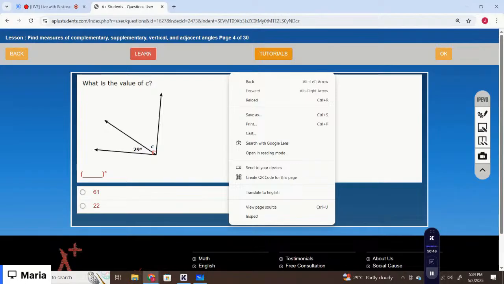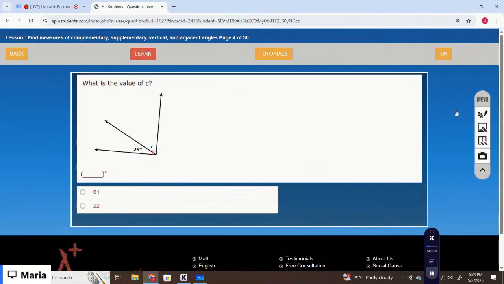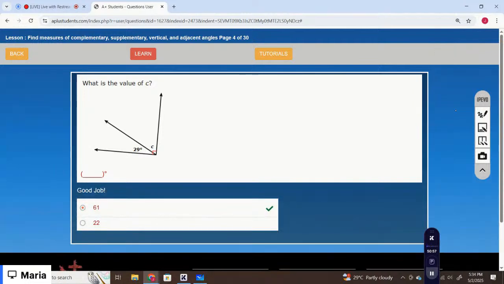What is the value of C? That is 29 plus 61 equals 90 degrees.